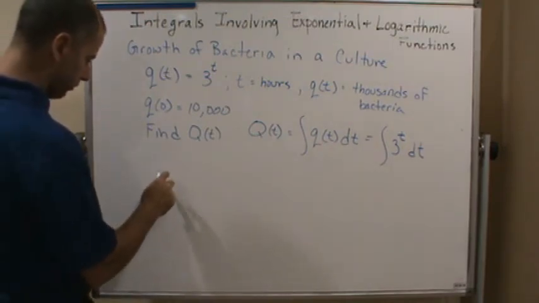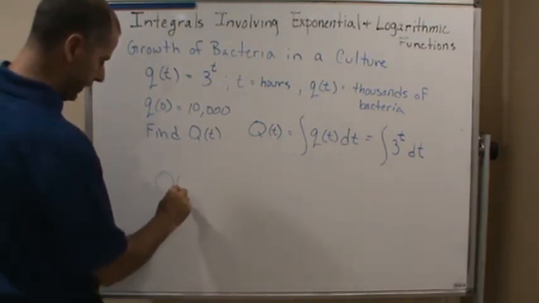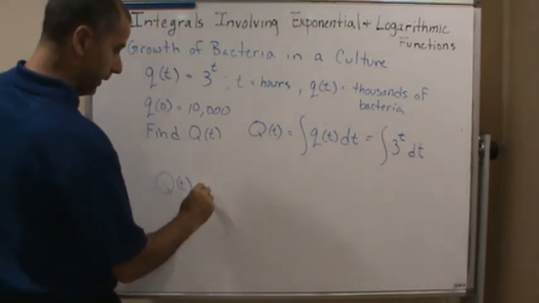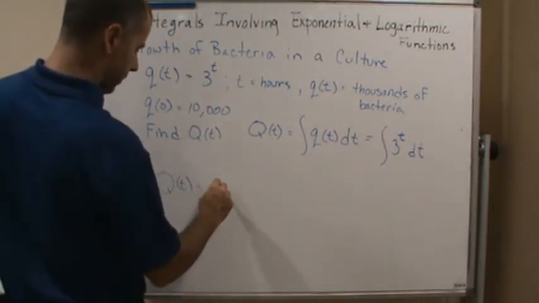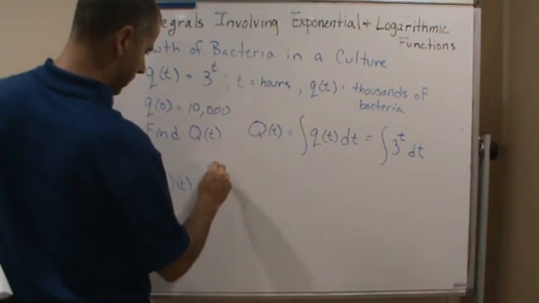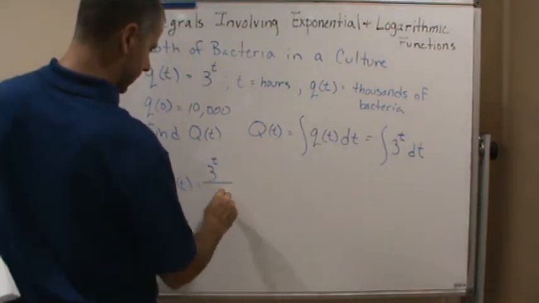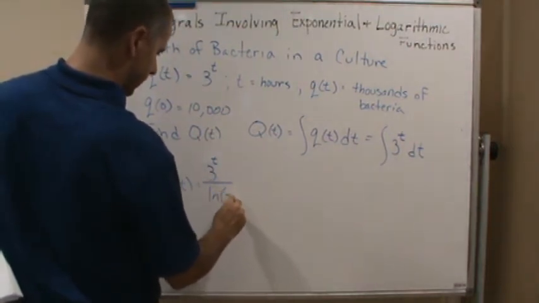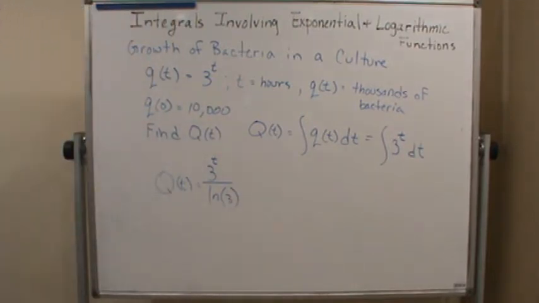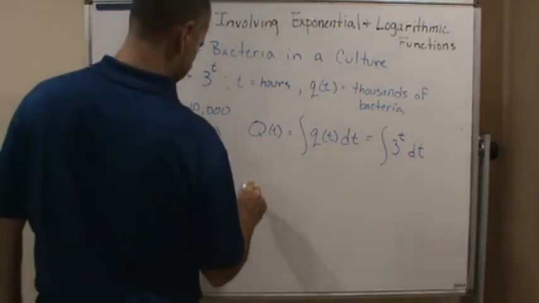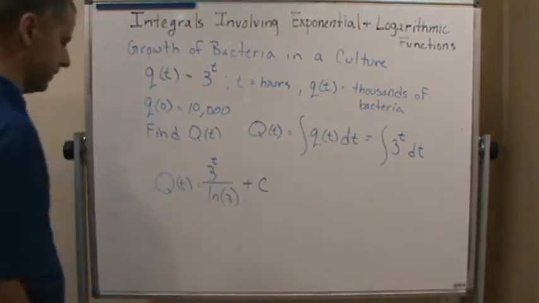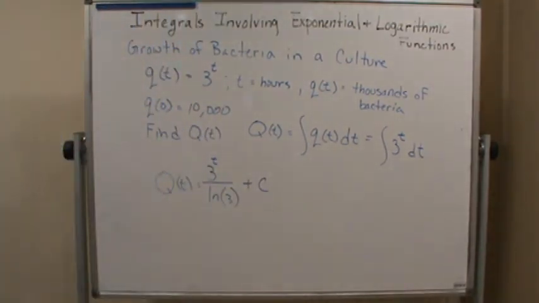So Q of t equals 3 to the t divided by the natural log of 3, plus C.